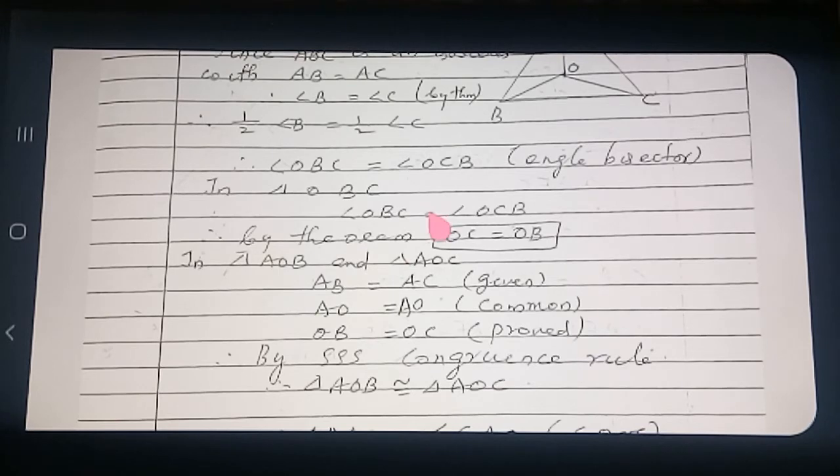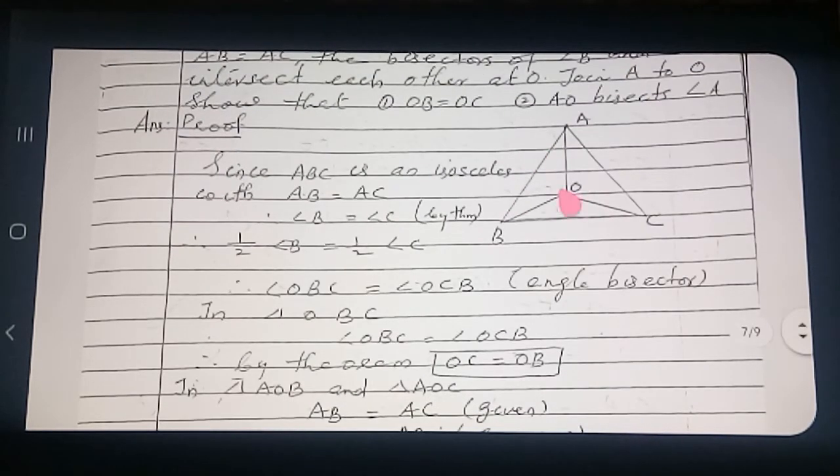If triangle AOB is congruent to triangle AOC, all its corresponding angles and corresponding sides are equal. But which angle do you need here? Angle A. So this angle A means angle OAB and this angle means angle OAC.